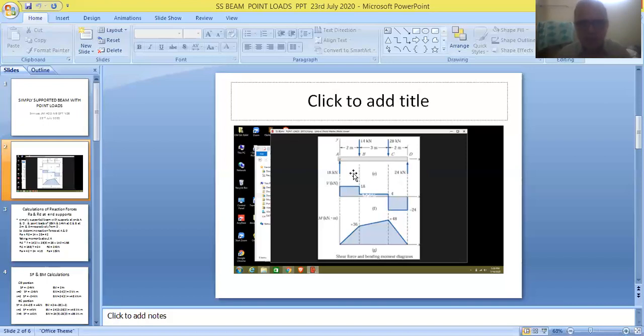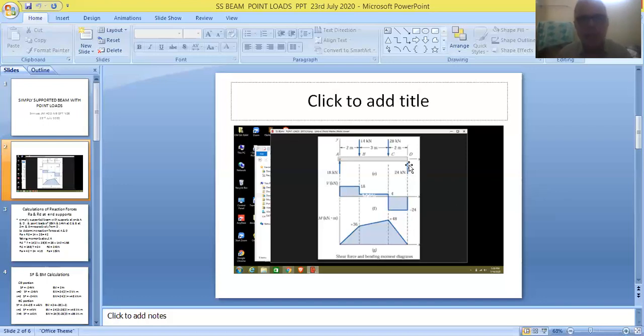And for the AB region also, the section has to be considered again at a distance of x meter from the right end of the beam. So the same rule has to be followed for preparing equations firstly at the CD portion, secondly at the BC portion, and finally at the AB portion. So friends, these are the things which you are supposed to remember.